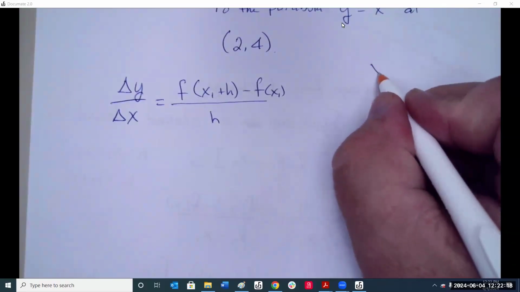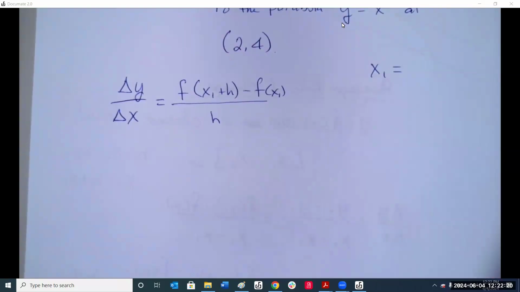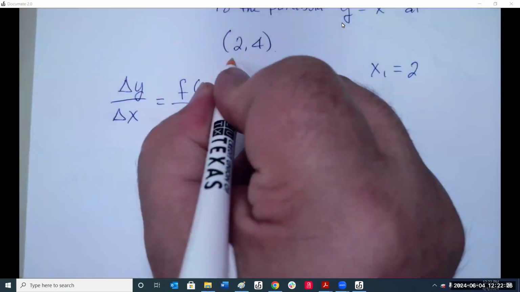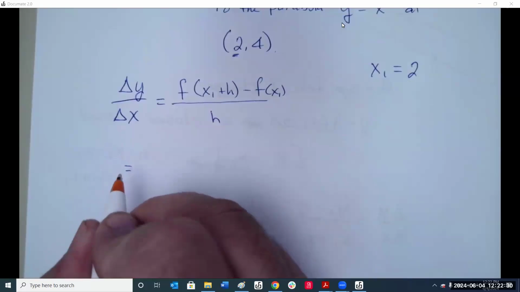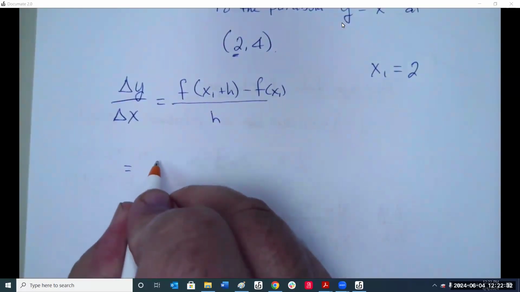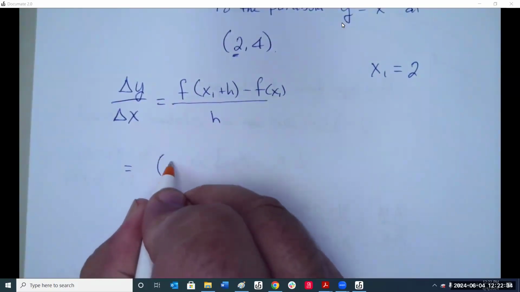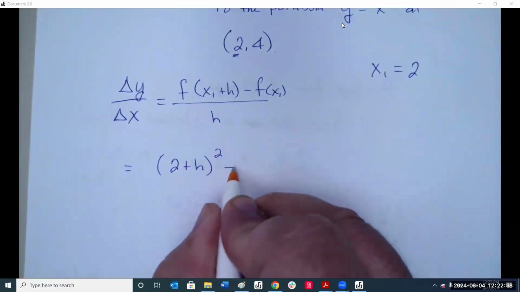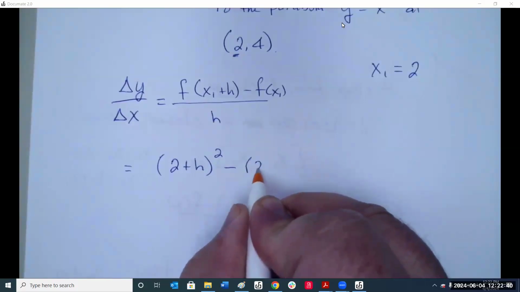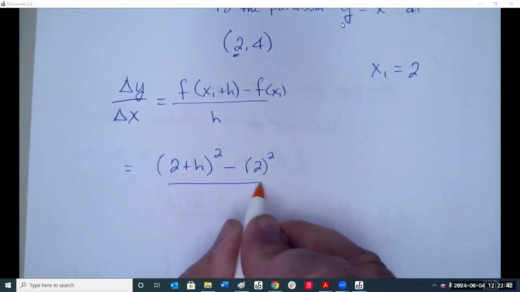So what is our x1? Two. Very good. That's our point we're looking at. So what we have here is (2 plus h) squared minus 2 squared over h.